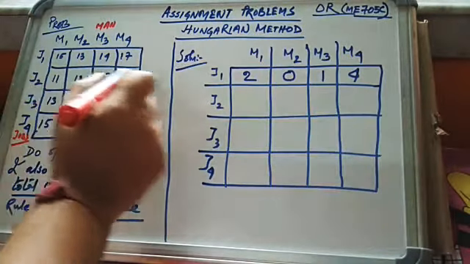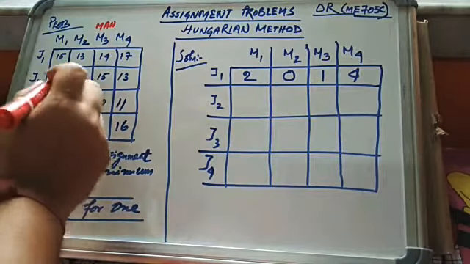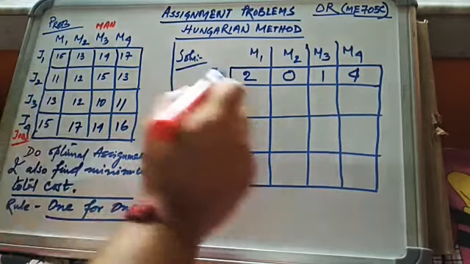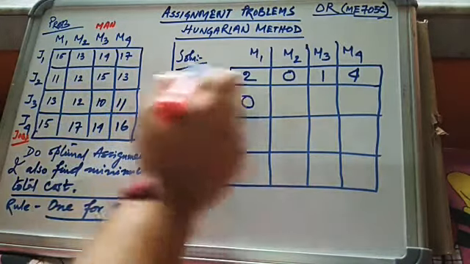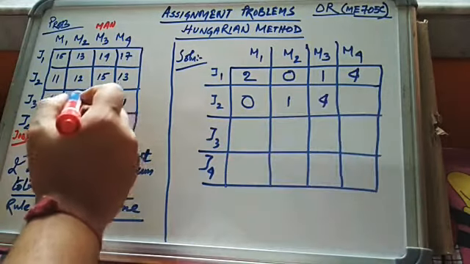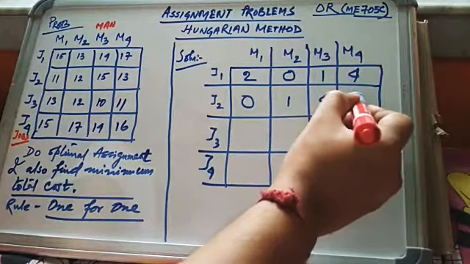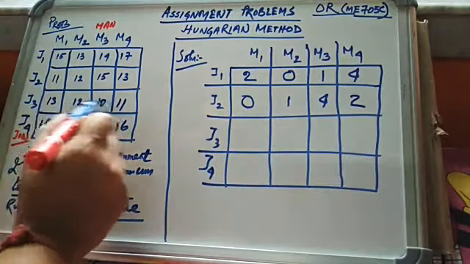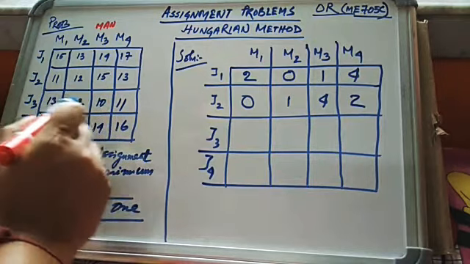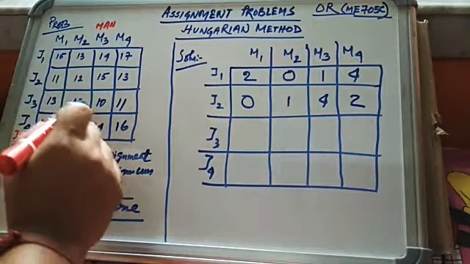In a similar way, for the second row you have selected the least one, that is 11. So the first one will be 0, the next one will be 1, the next one will be 4, and the next one will be 2. Similarly, for the next row we have selected 10, which is the least among the cells of this particular row.